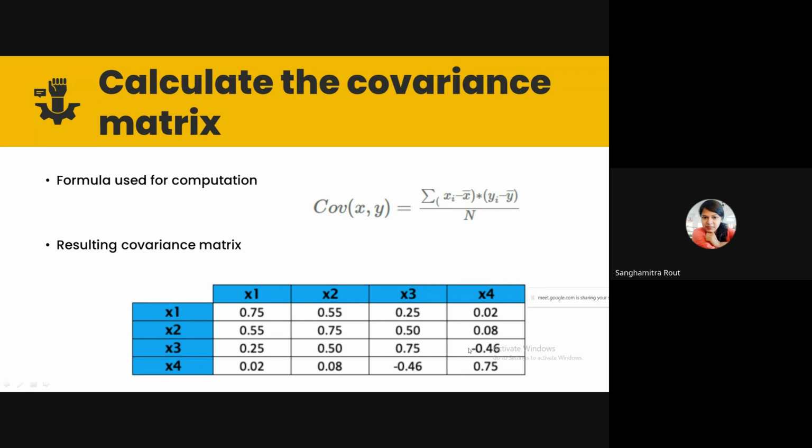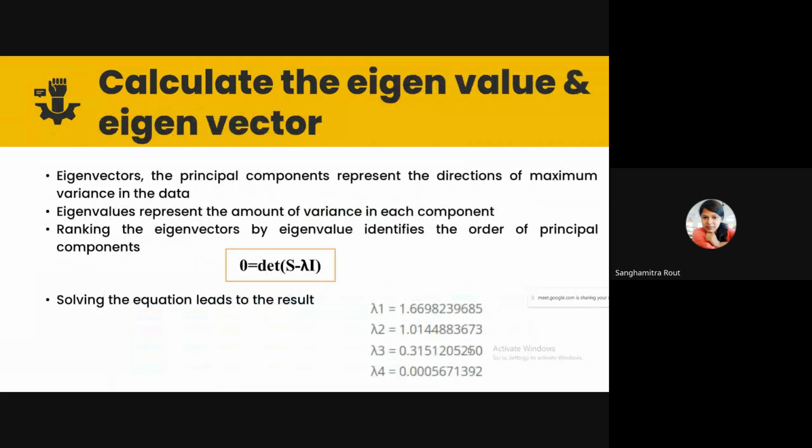After calculating our covariance matrix, we will now calculate our eigenvalues and eigenvectors. To determine any principal components, we need the eigenvectors and eigenvalues first, and these inform us about the direction and the magnitude of spread of our data.